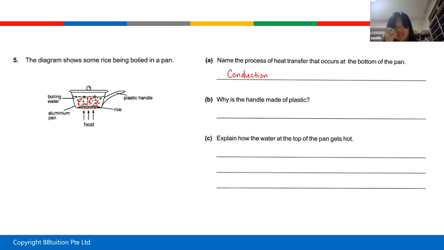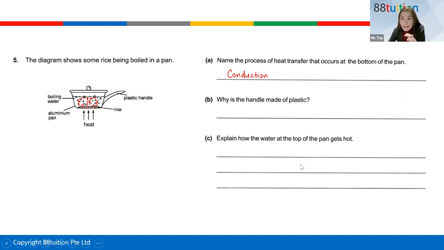Okay, you say that it's a poor conductor of heat. That is good. So it doesn't get hot, right? The plastic handle doesn't get hot. So when there's a user using the pan, then they won't be burned by it. Yeah, correct. That is the complete answer.